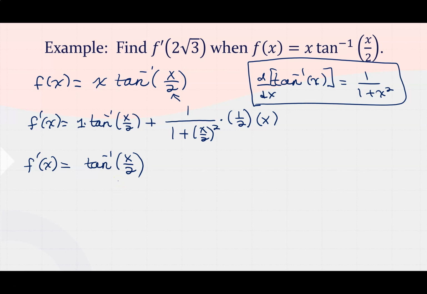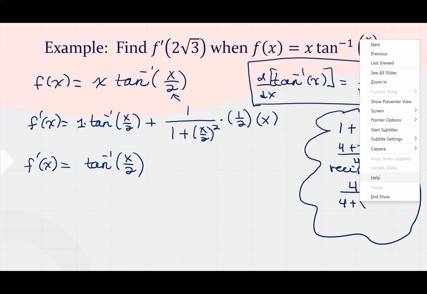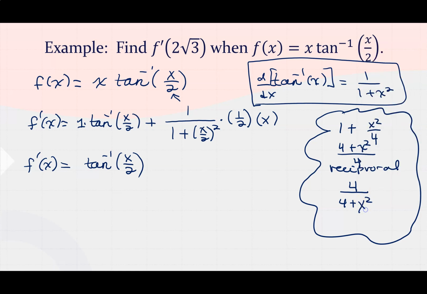Not too bad, right? Let's take a look at the scratch paper. 1 plus x squared over 4, that's x over 2 squared. The common denominator is 4, so I will have 4 plus x squared. And so the reciprocal of it is 4 over 4 plus x squared.